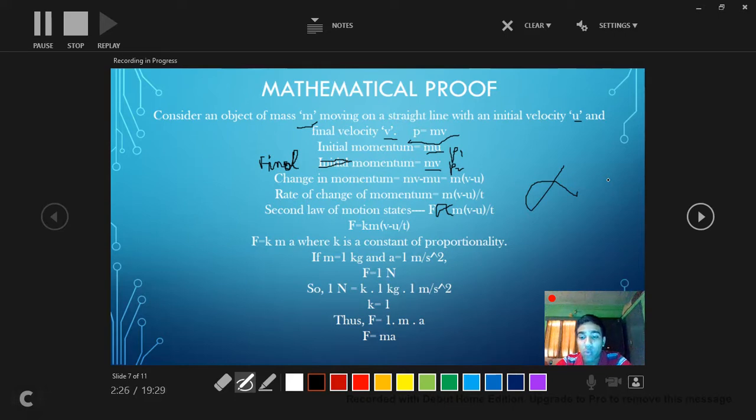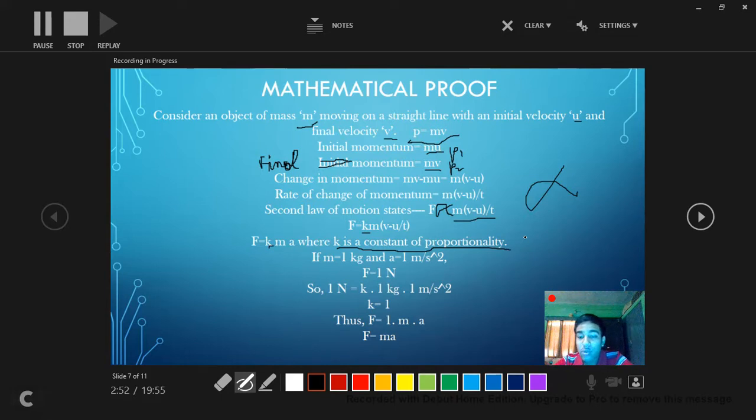It says that the force applied on a body is directly proportional to the rate of change of momentum. The rate of change of momentum is m into v minus u by t. So k is a constant of proportionality.